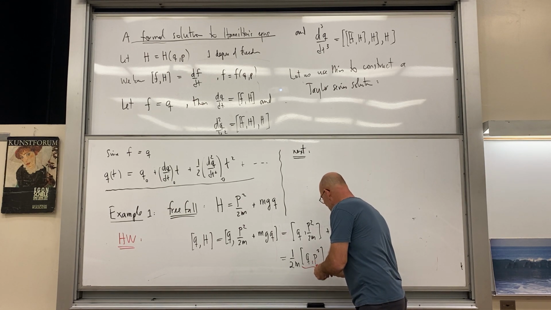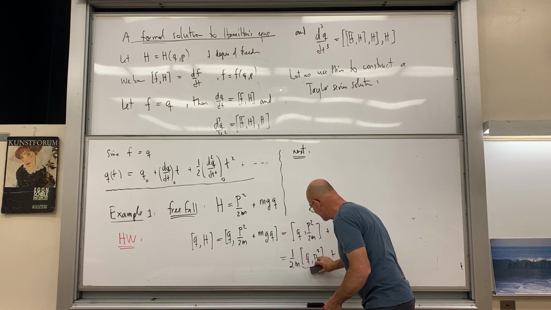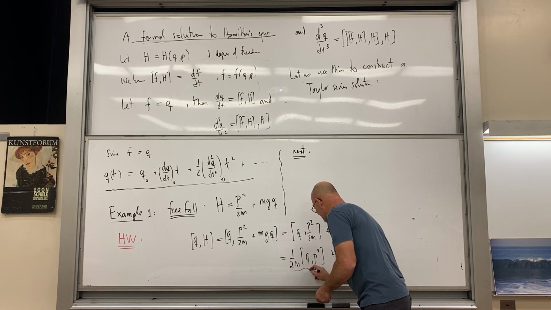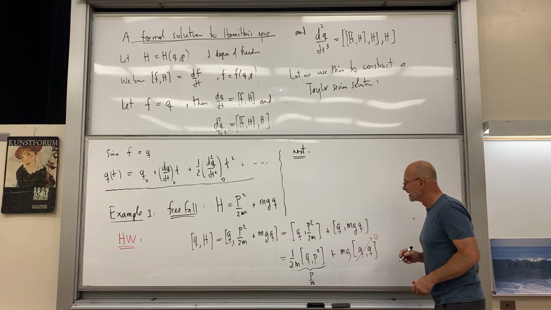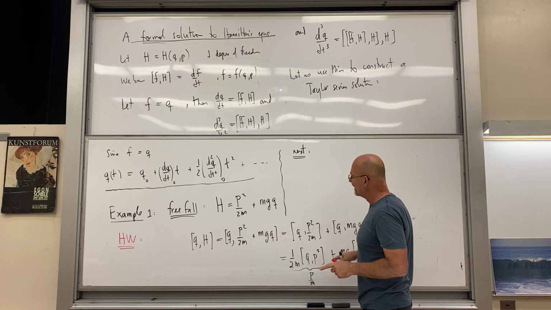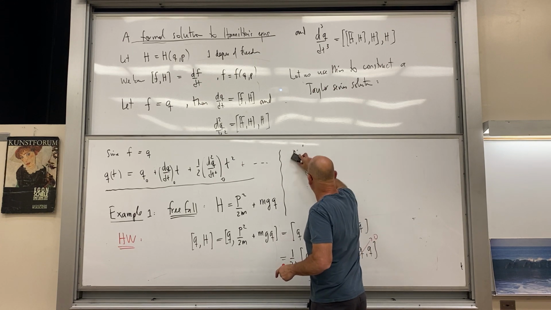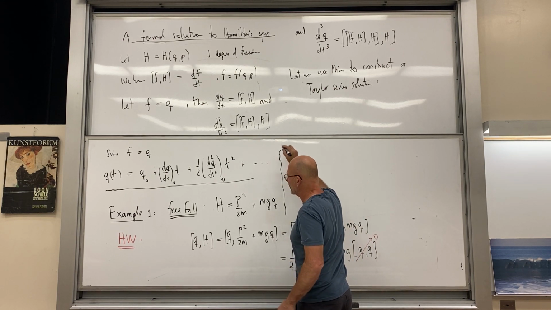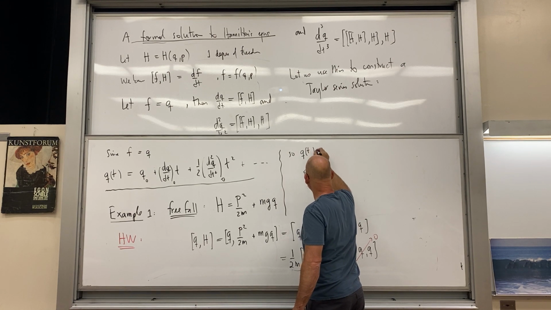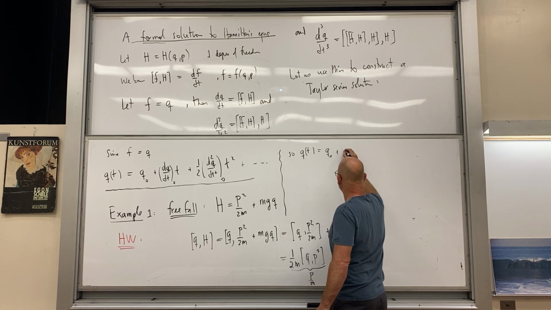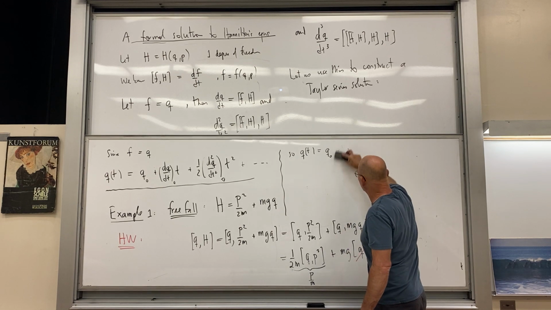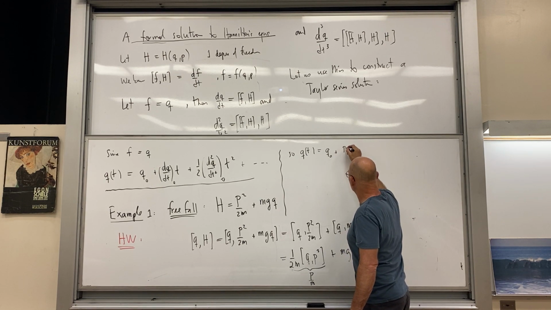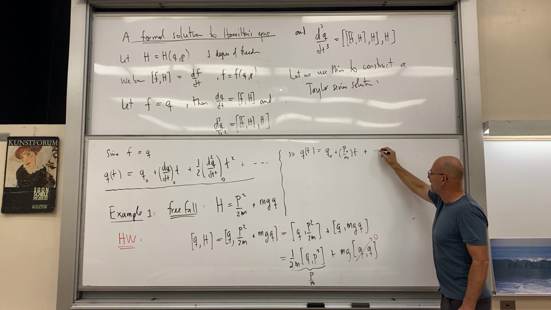And it's going to be the whole thing, by the way, is going to be P over M. Just to show you how this goes, Q of t is going to be Q naught plus P naught over M t, plus so on, okay?